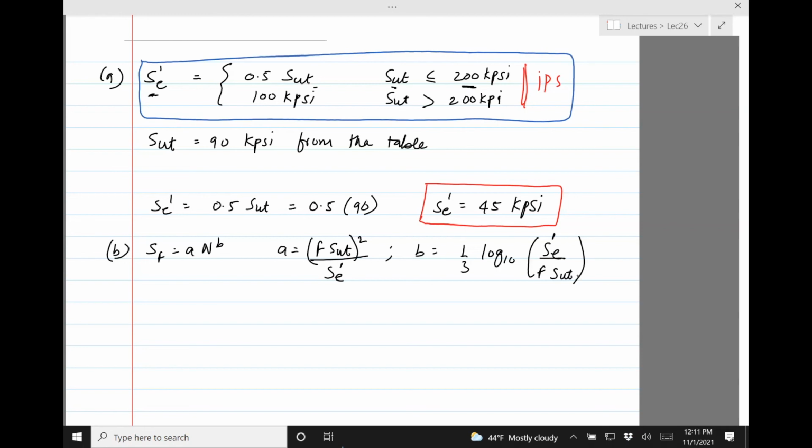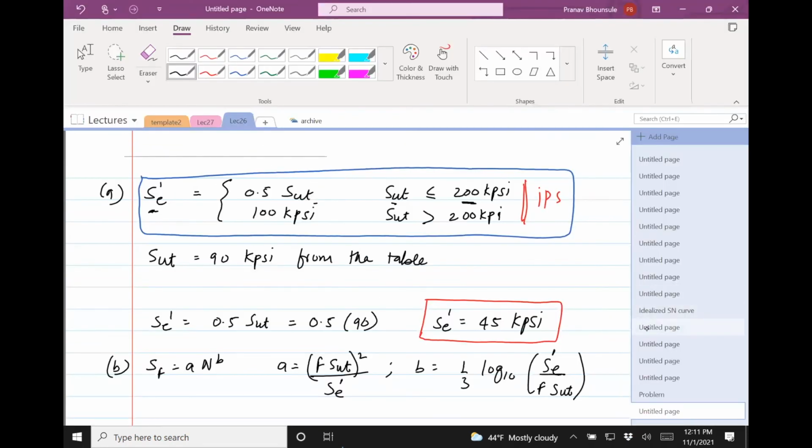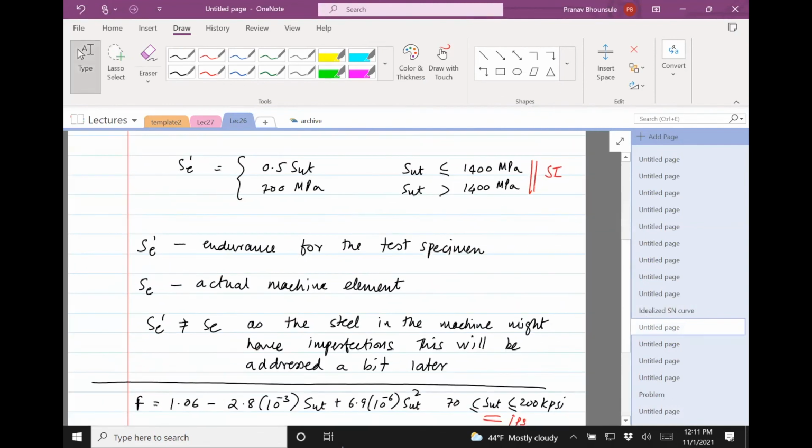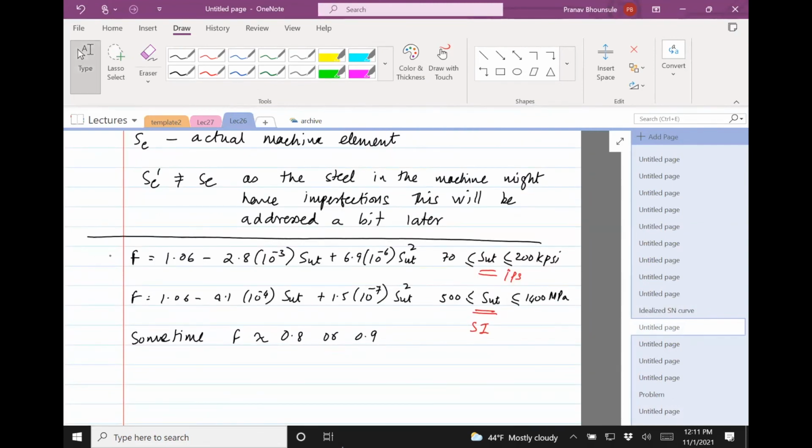So f is another empirical fit, which is given, should be here somewhere. So again, here is the fit in kpsi, and that's the fit for SI. So I need the kpsi one, so I'm going to copy this.